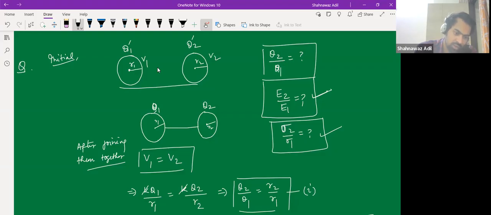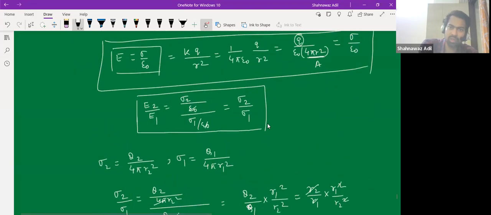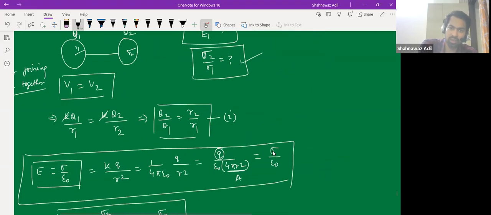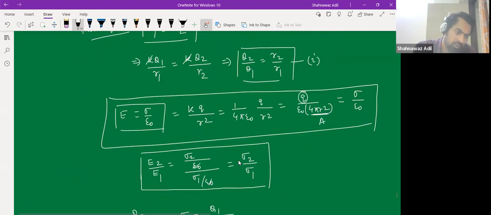Can you scroll down? Yeah. This part you guys wanted. And we also have these important derivations.